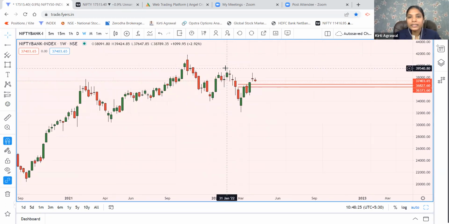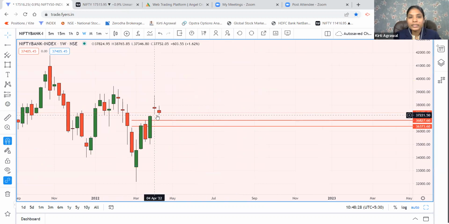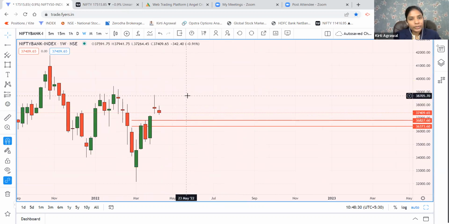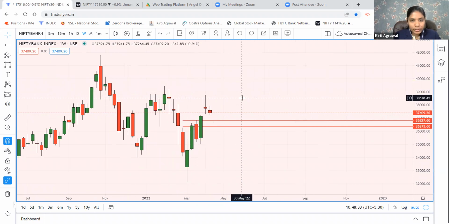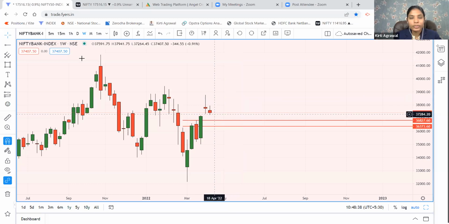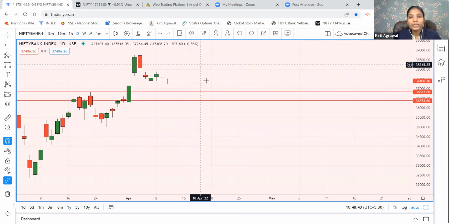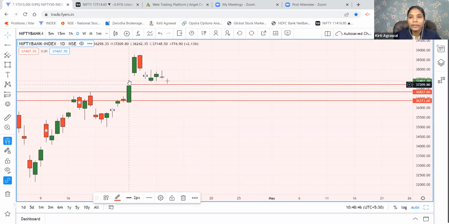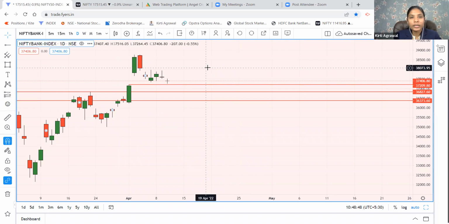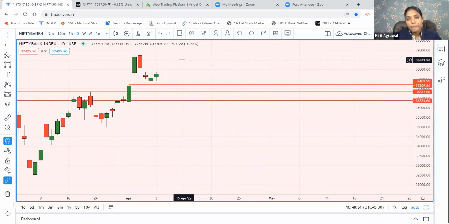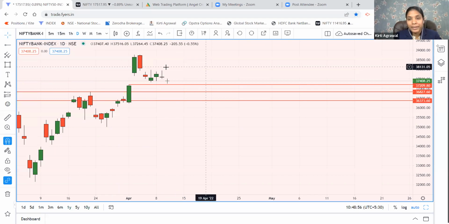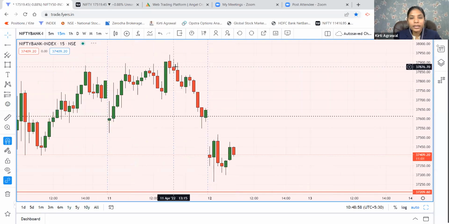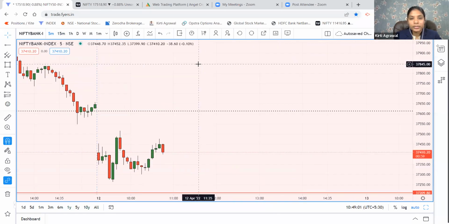Nifty bank is breaking the lows but it is above this. तो ओवरऑल जो ट्रेंड है निफ्टी बैंक का, it is positive and it is expected to remain positive for the days to come. The only matter is, if it gets support here at current rates around 37,200 to 300, we could see a recovery in Nifty followed by a recovery in the bank Nifty, and hence the market may go up that way.